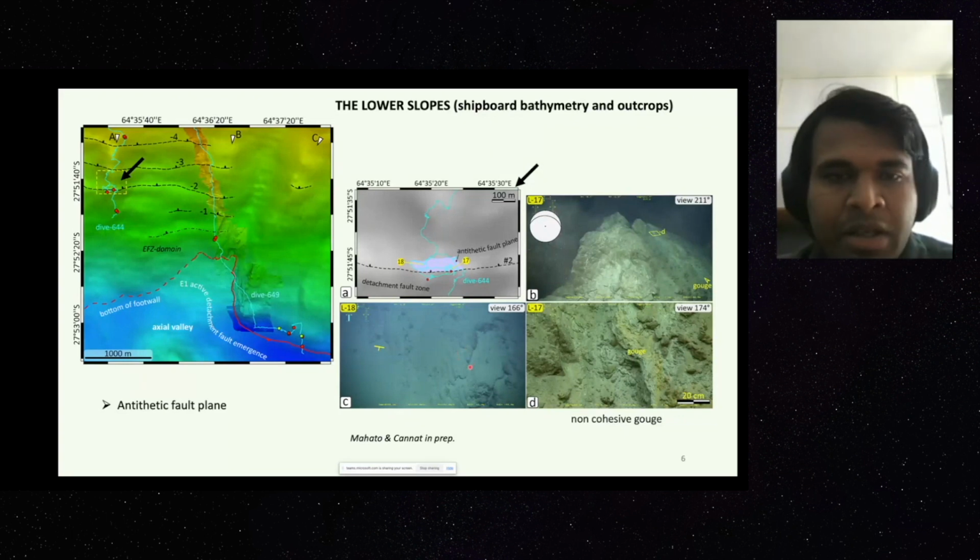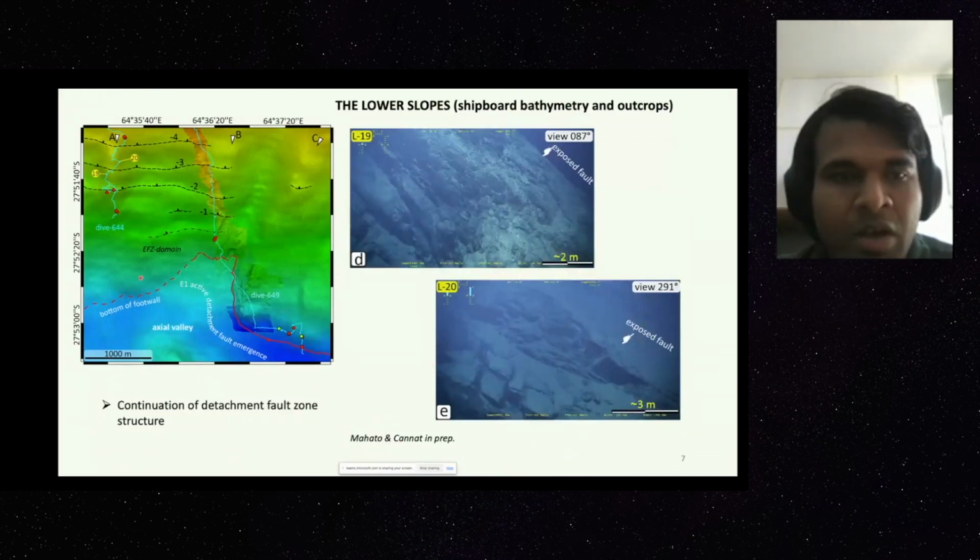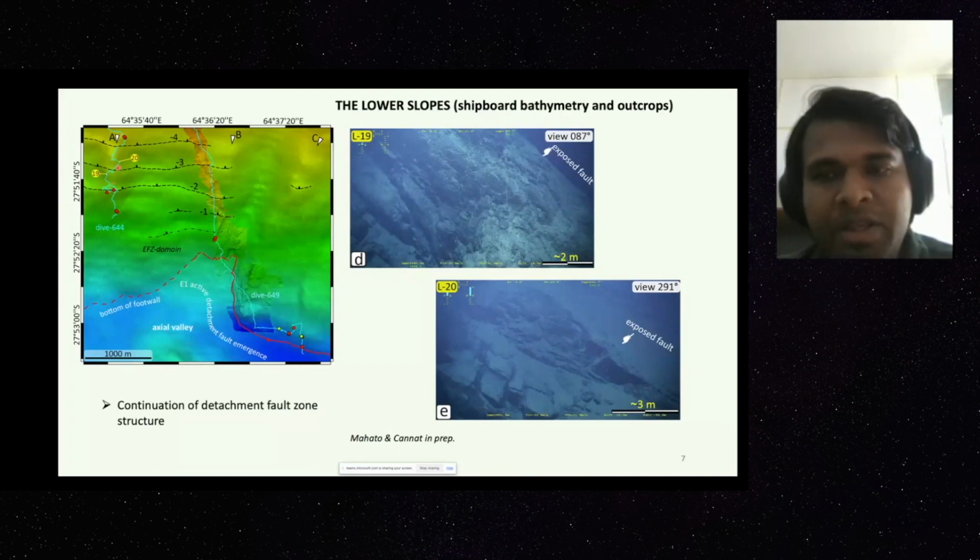So these are the antithetic fault planes which can be traced in the seaport bathymetry data for a length of 5 kilometers. Then, continuing on the dive track as we move upslope, we again start observing exposures of the south dipping detachment fault zone and very nice outcrops of south dipping sigmoidal structure, for example, at location 19 and at location 20.